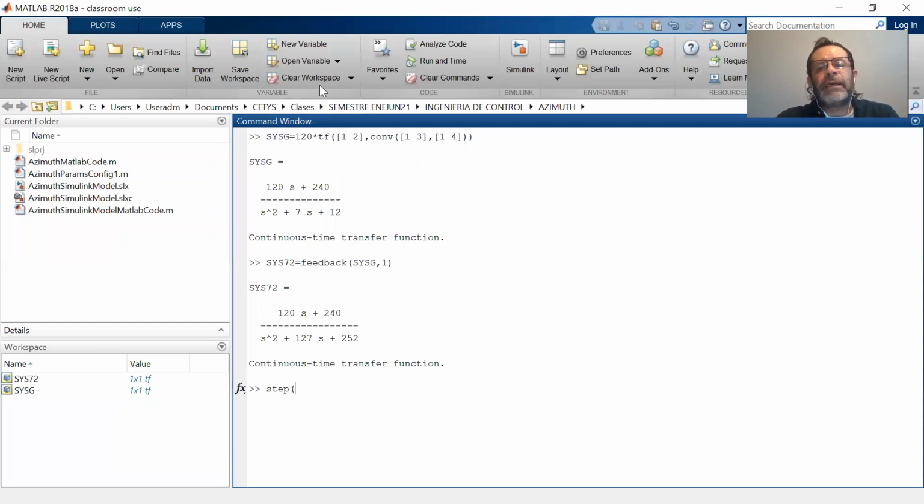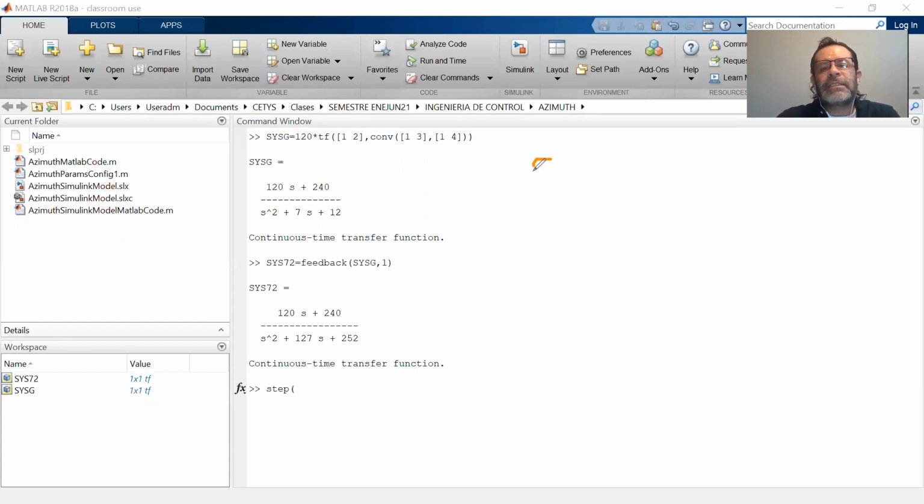We have to remember that in the end, what we have is C of S, which is the output, divided by R of S as the transfer function.